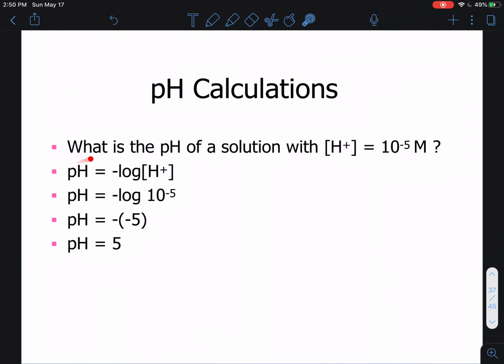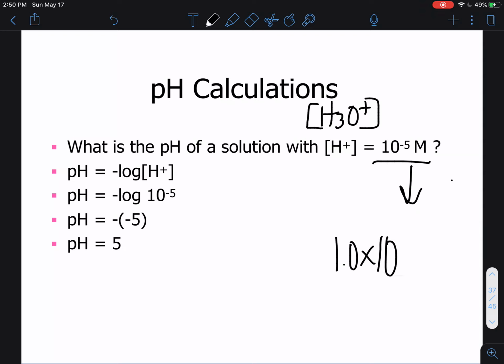Okay, so here's a sample calculation. What is the pH of a solution with a concentration, remember this is still hydronium ion, H3O+, of 10 to the negative 5? And again, this is the same thing as saying 1.0 times 10 to the negative 5. So what is the pH?